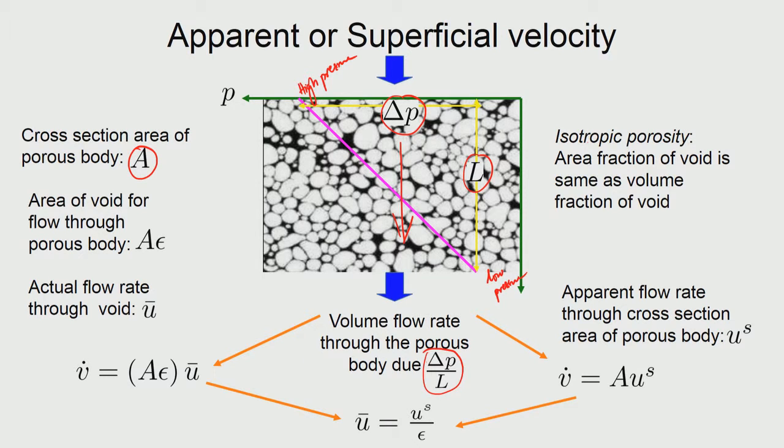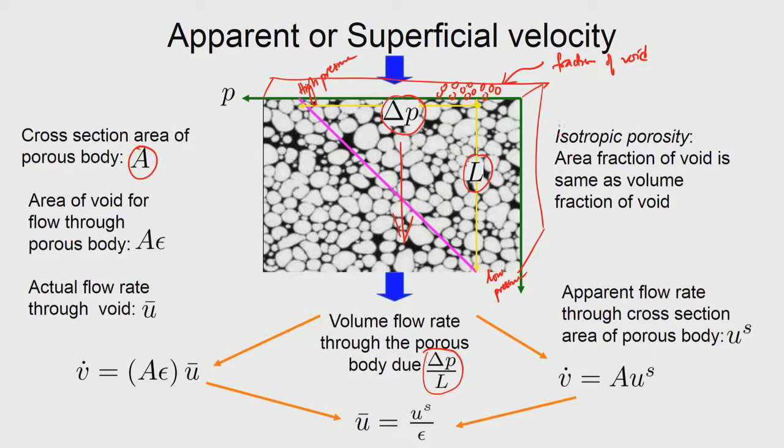When you look at the cross section, you could see that it is also made of voids and solids. You could also look at the fraction of void in the surface there, and if that is assumed to be the same as the fraction of void in the entire body, then we call this particular porosity isotropic porosity.